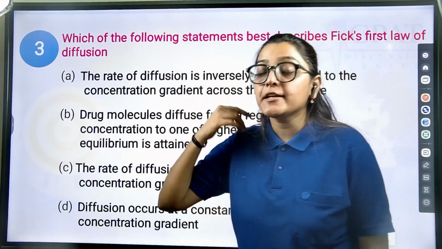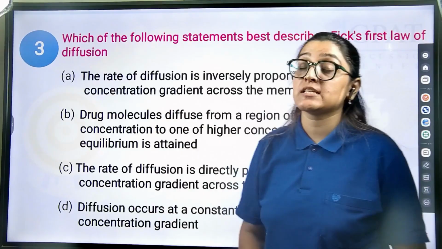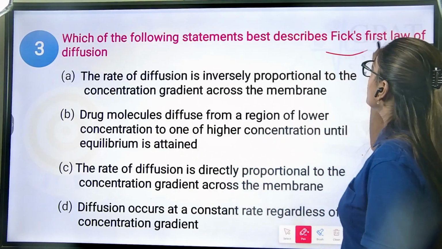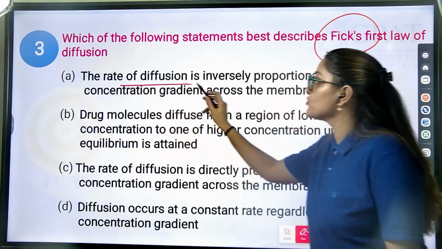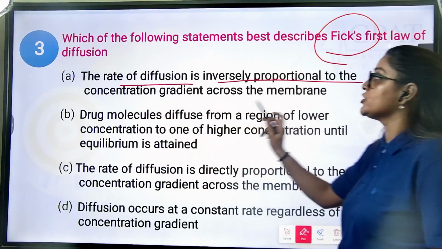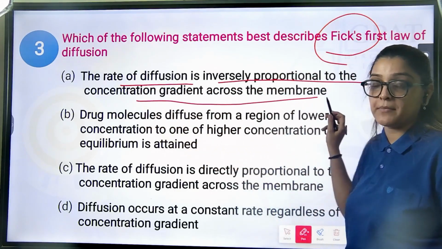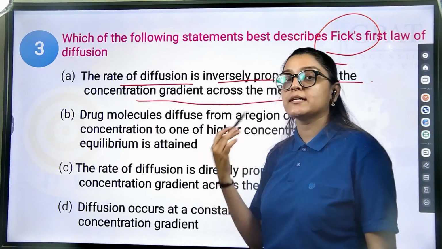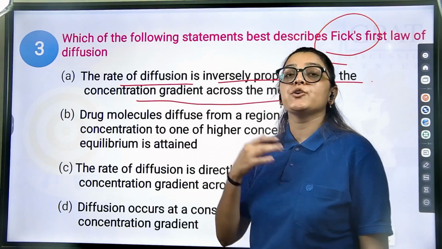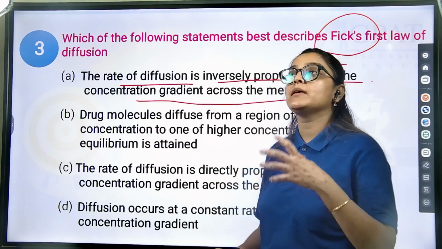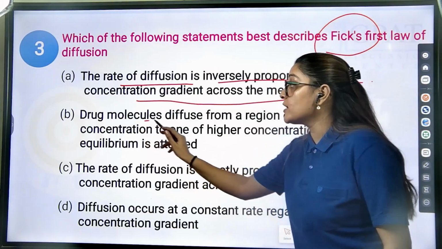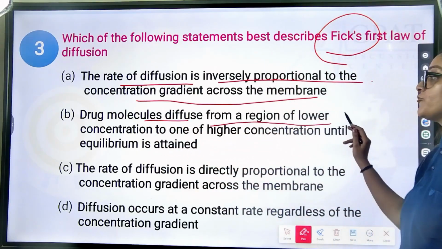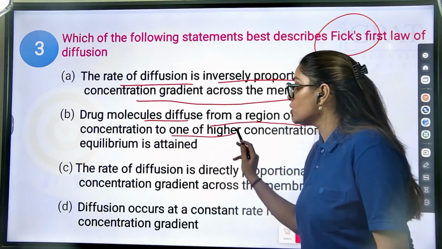That passive diffusion is described by Fick's law. Does it say the rate of diffusion is inversely proportional to the concentration gradient across the membrane? I have just mentioned, along the concentration gradient from high to low concentration. That can be a concentration gradient or even an electrochemical gradient. Do drug molecules diffuse from a region of lower concentration to higher concentration?